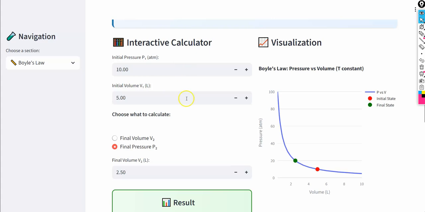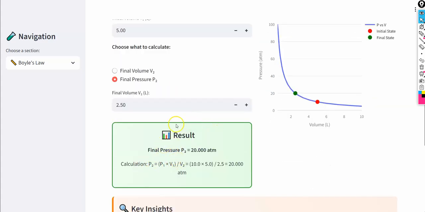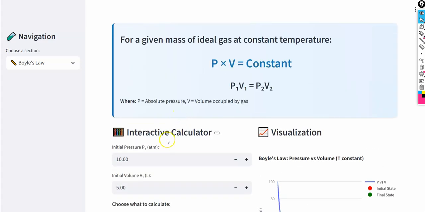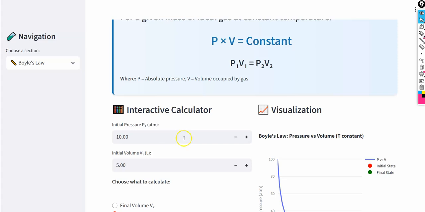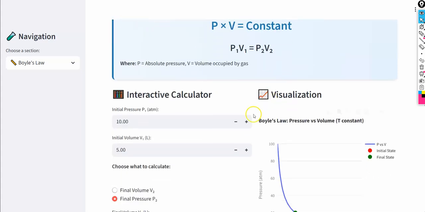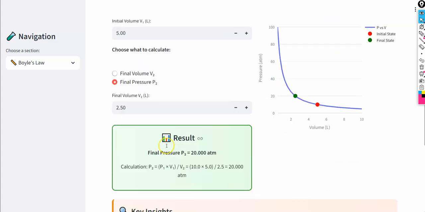So here you can play with the interactive calculator and calculate anything. Remember, this calculator is based on Boyle's law, where the temperature is constant. You have to give the initial pressure and initial volume, and if you mention the final volume, you will get the final pressure.